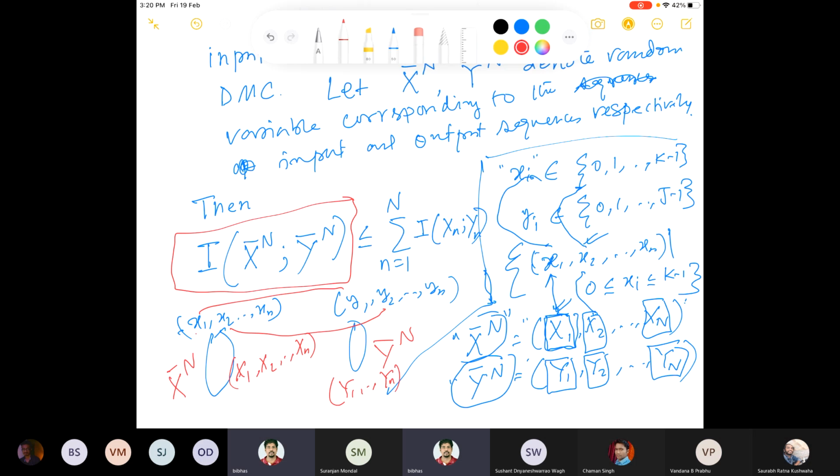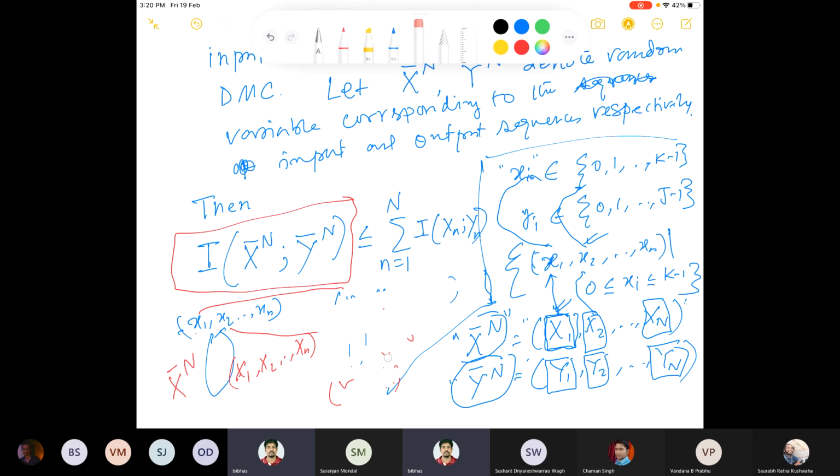So it says the mutual information of the joint random variables is less than or equal to the sum of the mutual information between the individual random variables, because it is memoryless.